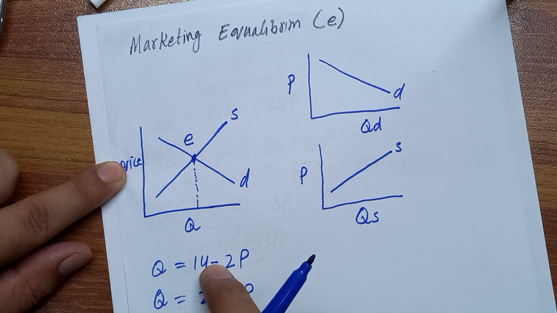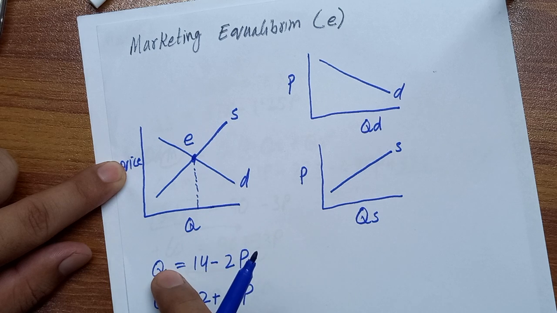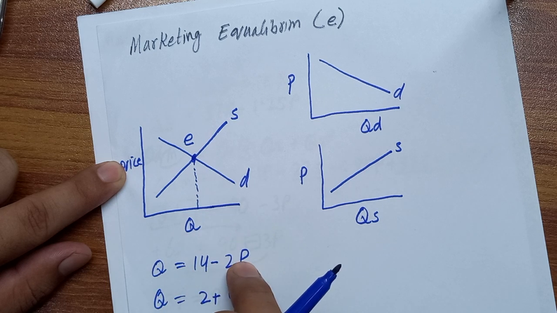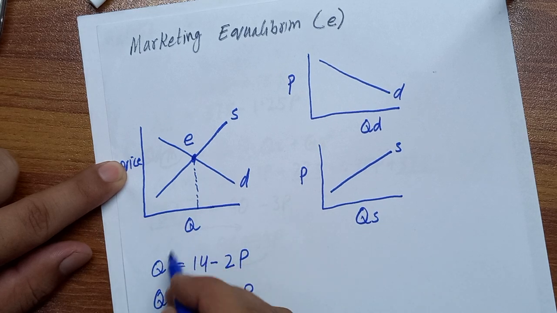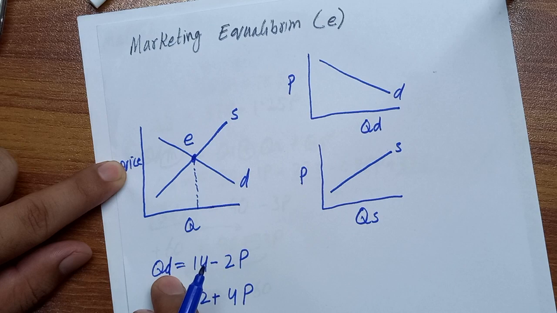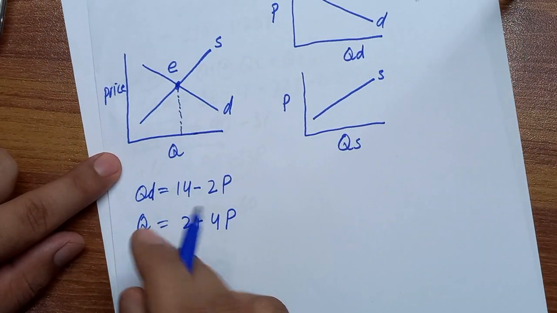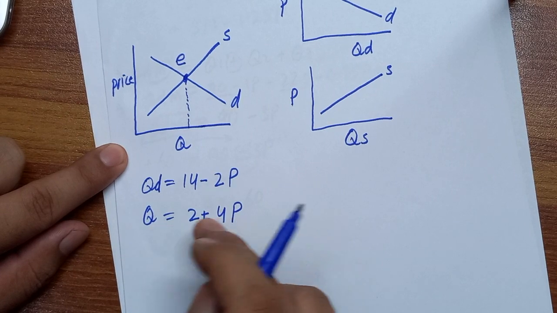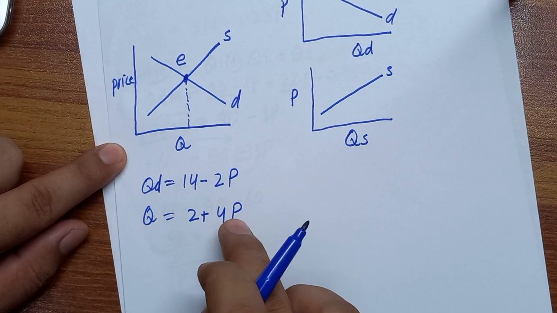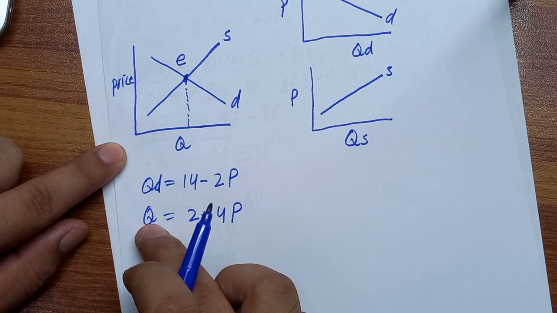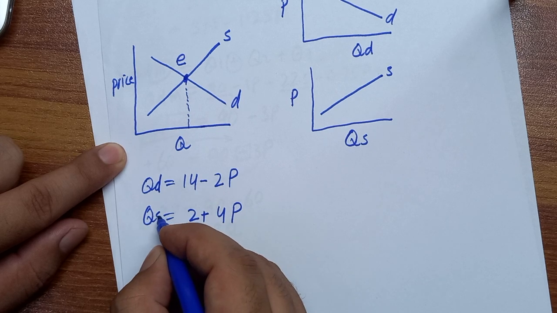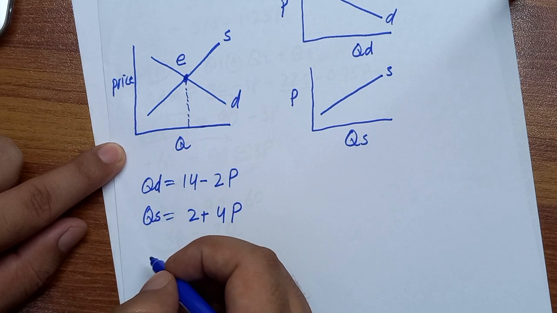Here we have minus, so we can write QD here. This is the quantity of demand function, and this is QS, because when the price is increased, the quantity of supply is also increased. So here it is QS.